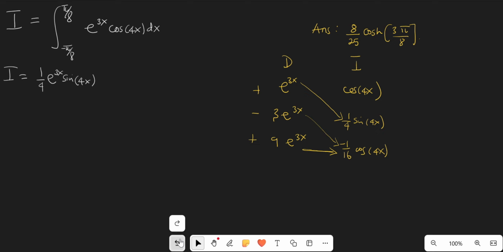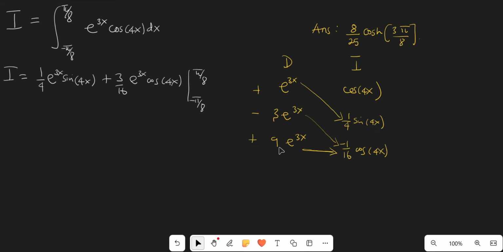Next one is this diagonal term, this and this. When we multiply them, we have negative and negative, they'll become positive, right? So that is going to be plus 3 over 16 e to the 3x, and then cosine of 4x, like this. This one, you are done with the integration. You take the limits of integration from negative pi over 8 to positive pi over 8.